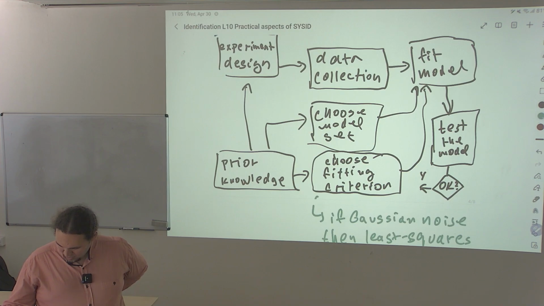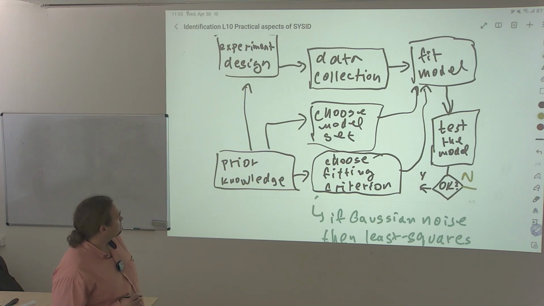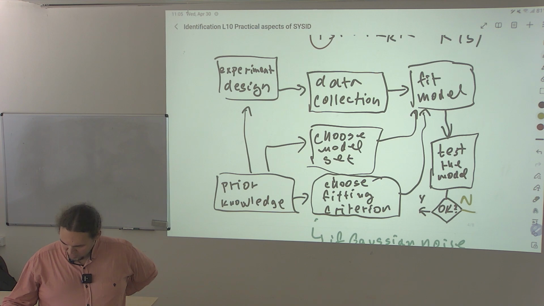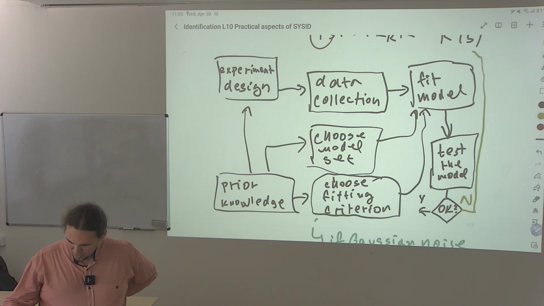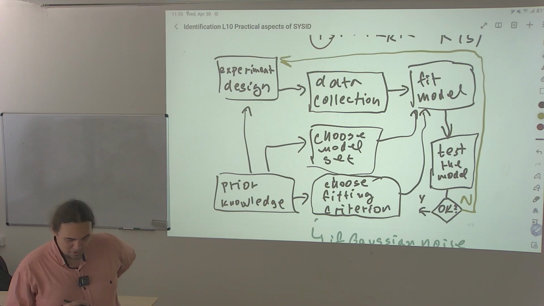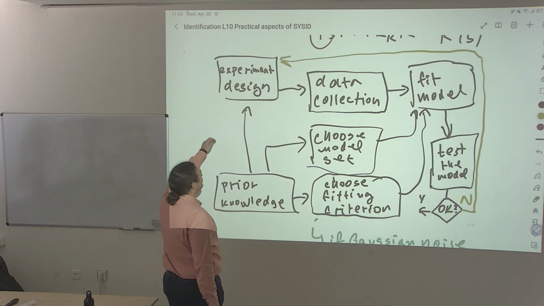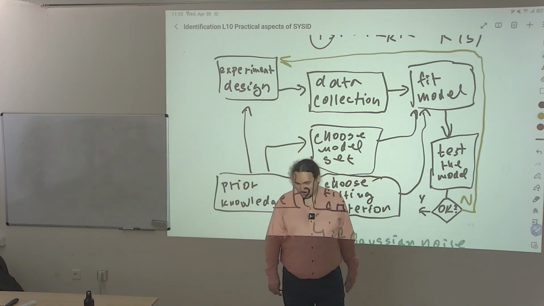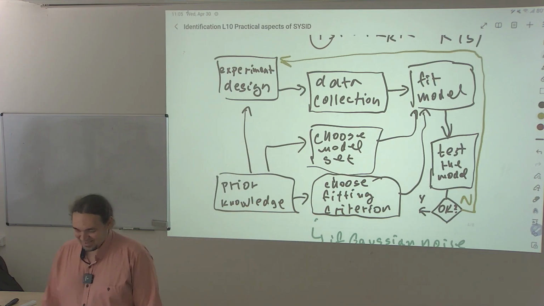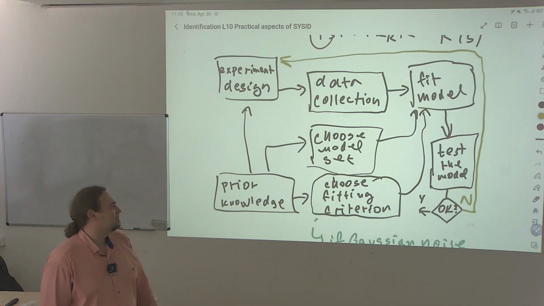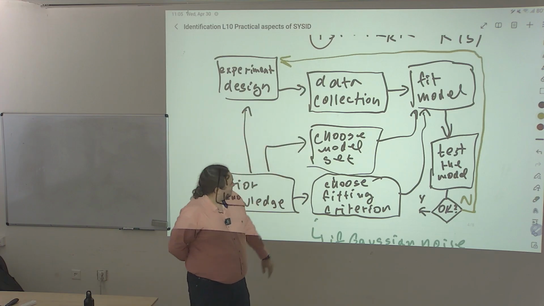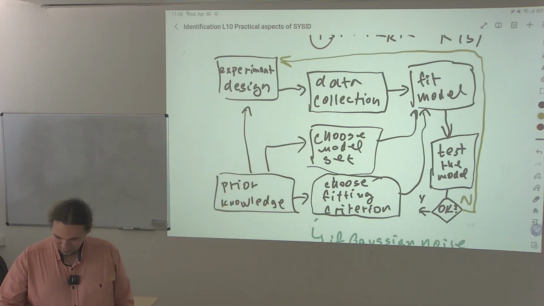And well, if our answer to whether this model is okay is no, then we introduce this feedback loop. We can either go to the very beginning and design a new experiment. Maybe we have found out our plant is unstable, and we fitted a stable model to it because we chose the wrong experiment, wrong model set.